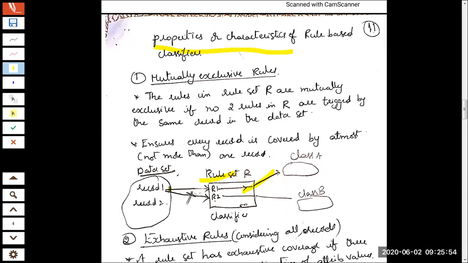You can see the situation here. Record 1 is being taken to class A by rule 1, and the same record 1 is being taken to class B by rule 2. This is a situation where the rules are not mutually exclusive, because each rule is taking a single record to different classes.